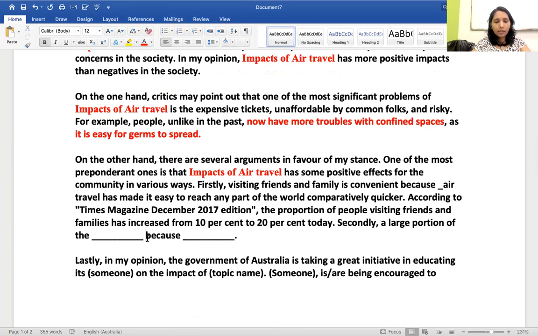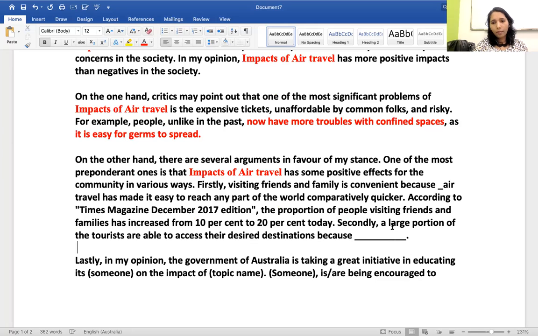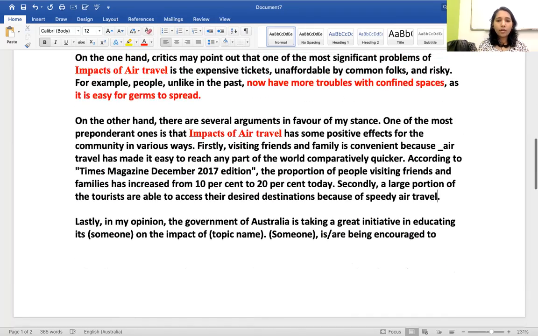Of the tourists are able to access their desired destinations because, maybe you would say, of speedy air travel. So you use your keywords and you write your essay.